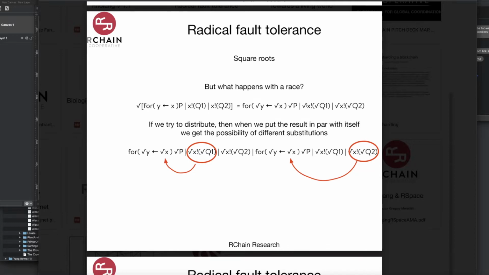Now, if we try to square this, then look what happens. We get a copy of this in par with a copy of this. So one way that this could evolve is that this one goes with that one. So Q1 goes this way, but Q2 goes that way, right? So that would end up not being bisimilar to P, right? Is that clear to everyone?